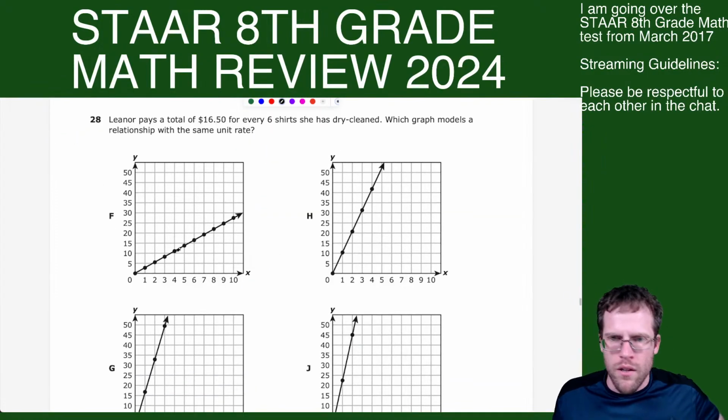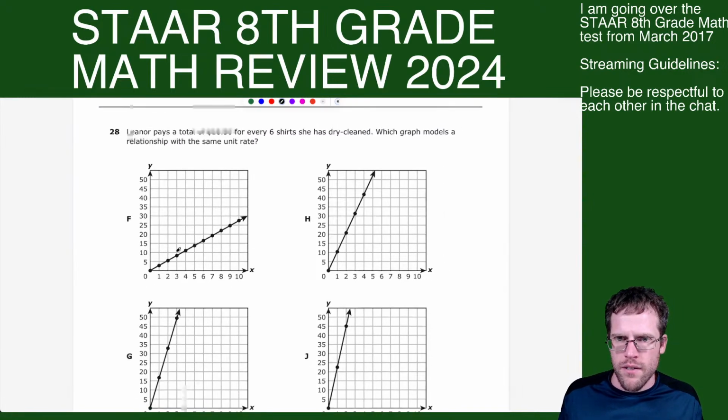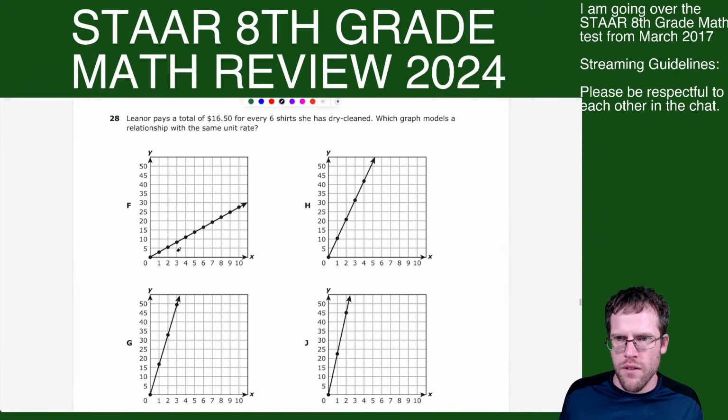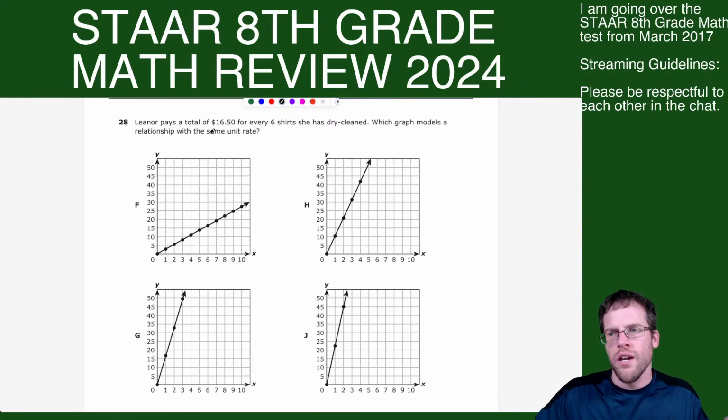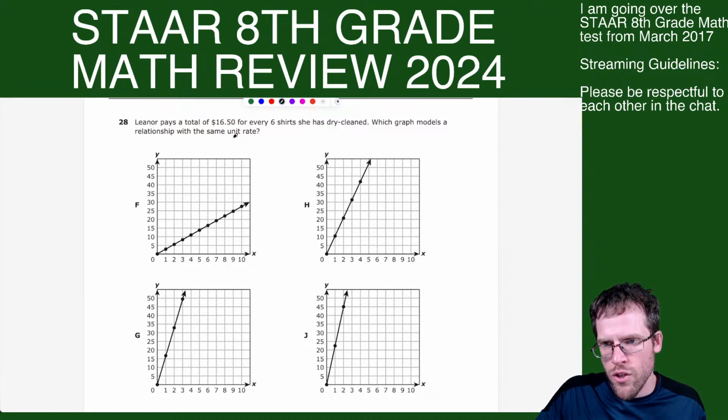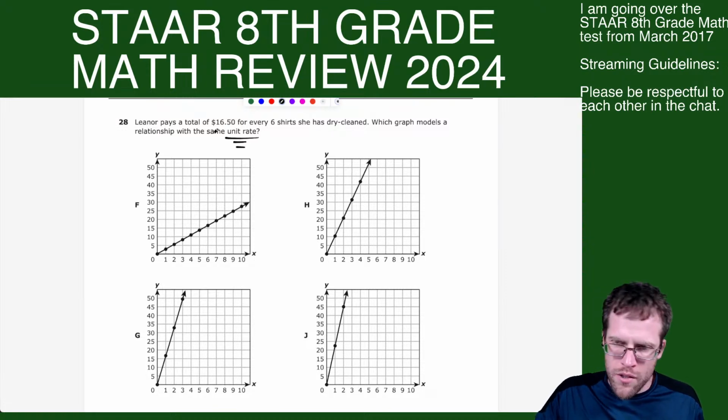Cool. Alrighty. Let's see. Lenore pays a total of $16.50 for every 6 shirts she has dry cleaned. Which graph models a relationship with the same unit rate? So we're talking here $16.50 for every 6 shirts.